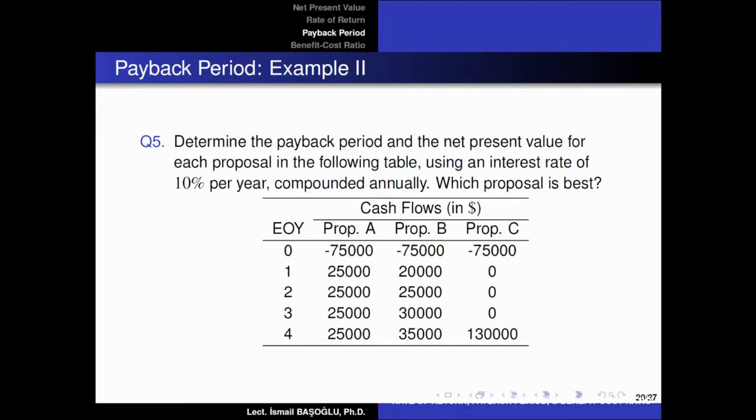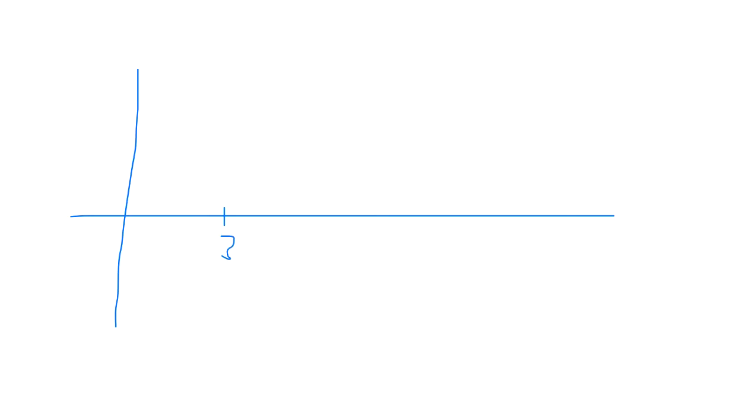Therefore, when we apply a linear interpolation, what are we going to do? We are going to apply that linear interpolation between 3 and 4 years again. At 3 years, the accumulated cash flow, ACF, is going to be minus 75.